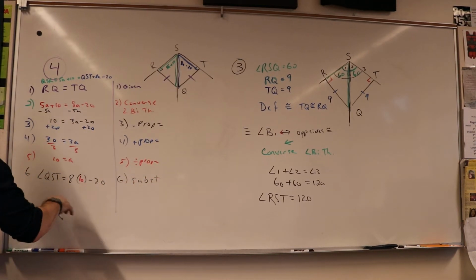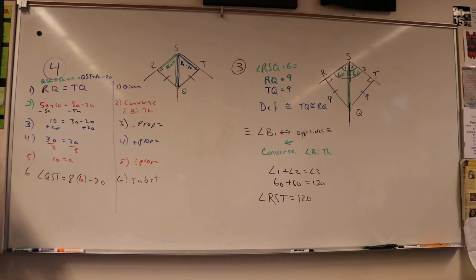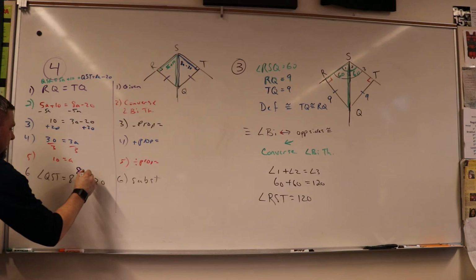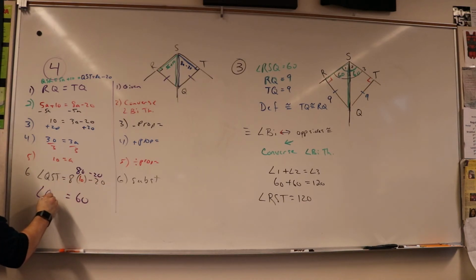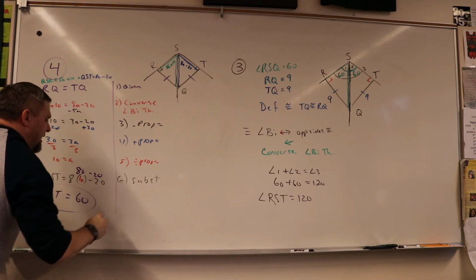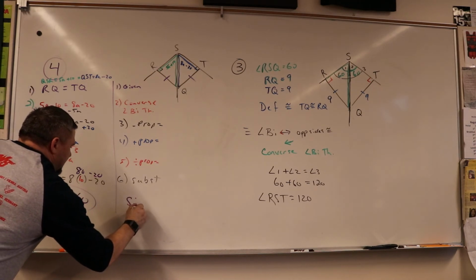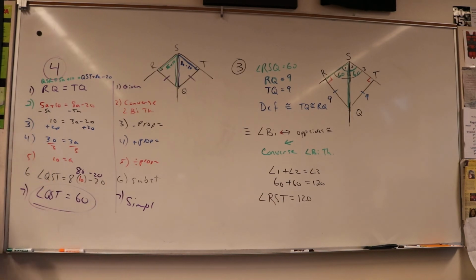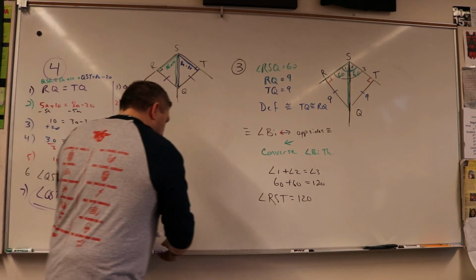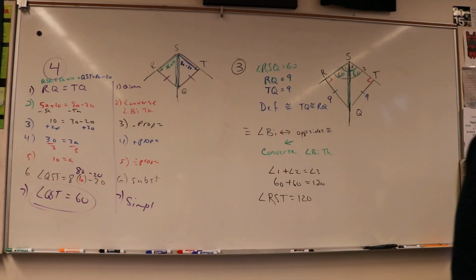And then we're going to do simplification. So we have 80 minus 20 is 60. So angle QST is 60. And that's simplification for 7. There you go. All right. And there's your proof.